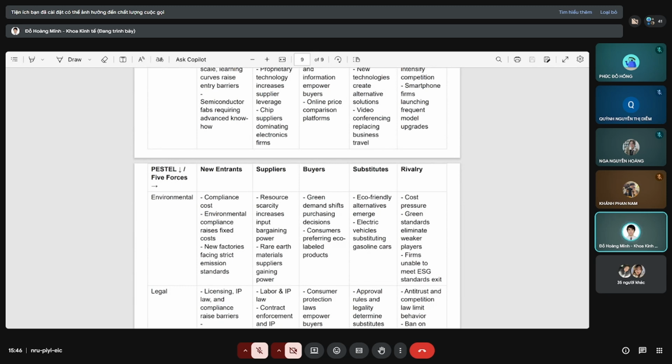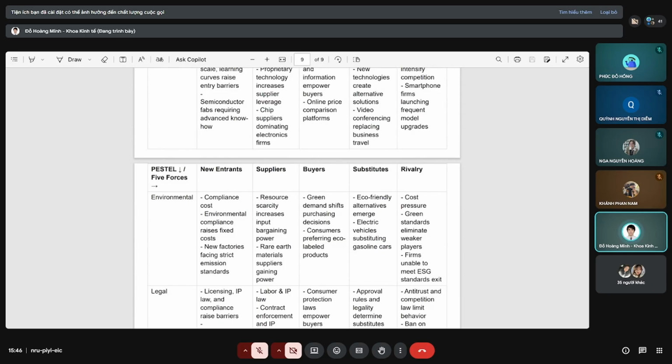The product should have the green label or pro-environment practice during the production process. So the buyer requires more than just, okay, I have the product to solve my problem.